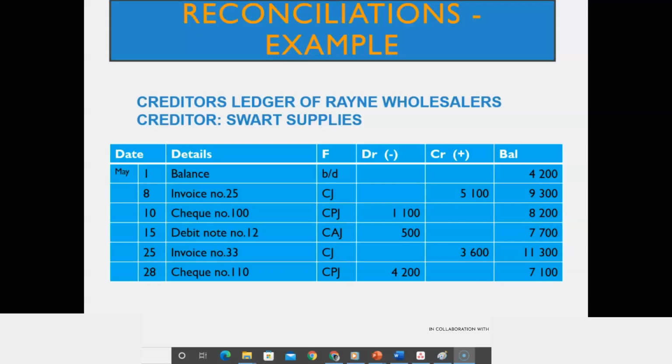Hence, if you say 4,200 minus 11,300, you're left with 7,100. Okay, so this is what happens in the creditors ledger of Wayne. We are Wayne and we are owing SWOT suppliers.